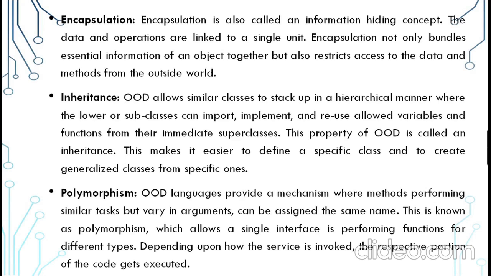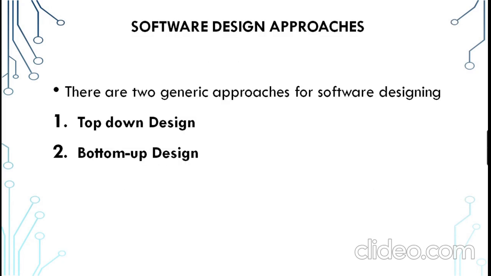The next is inheritance. Inheritance is the concept where we acquire the properties of one class into another. Polymorphism allows a single interface to perform different types of operations depending upon how the service is invoked.